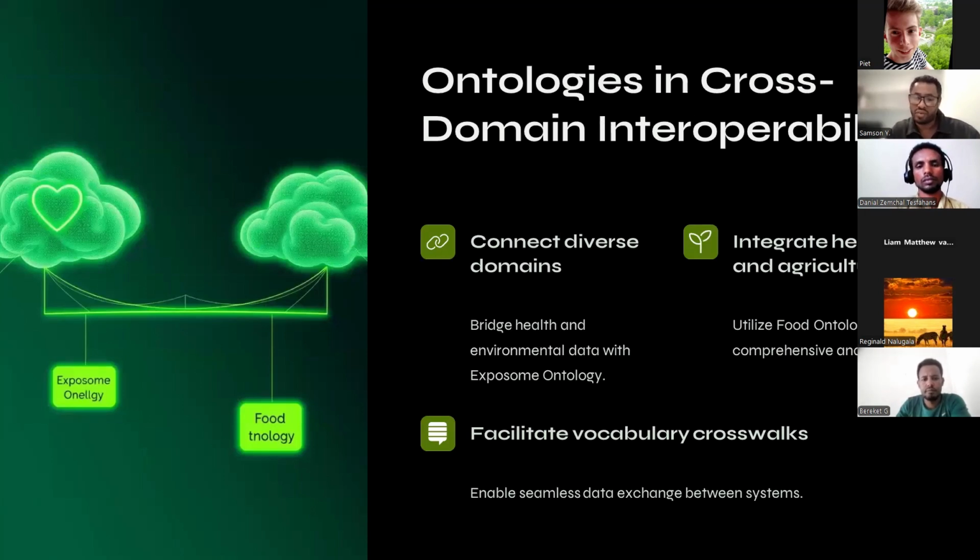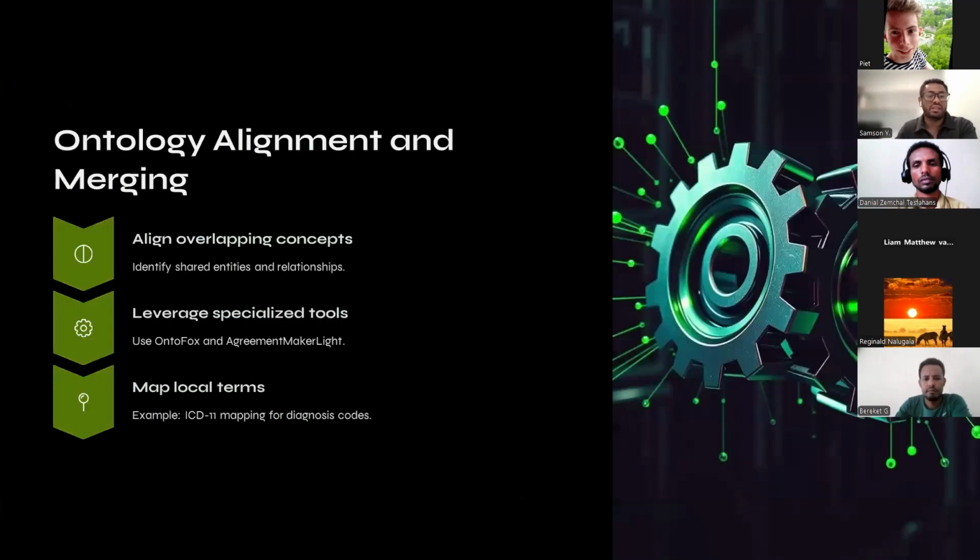So you're trying to connect diverse domains. You're trying to integrate. It could be cross-domain, which will allow you to do the queries by creating the right amount of alignment between the different terms.